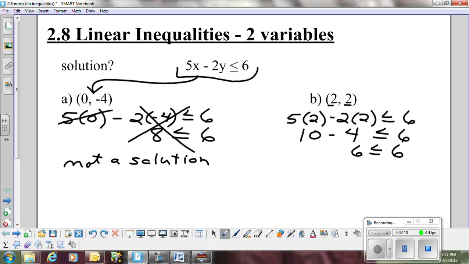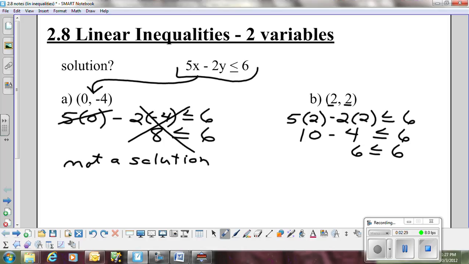How many different solutions would there be to this inequality? A lot. An infinite amount of solutions. So when I graph that, I need to keep that in mind.